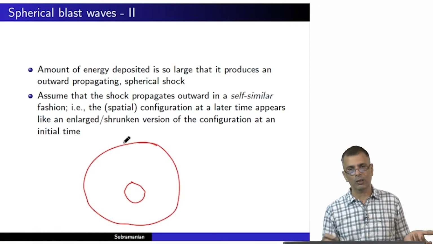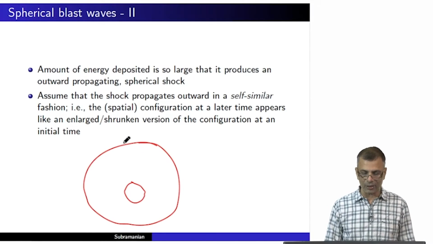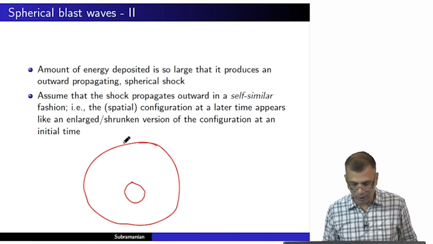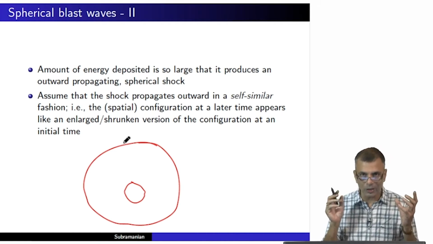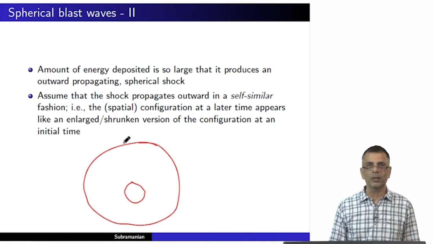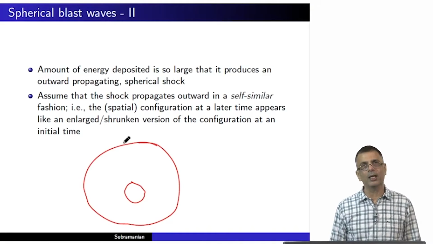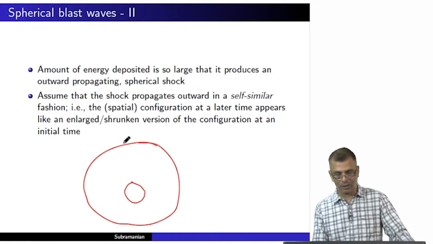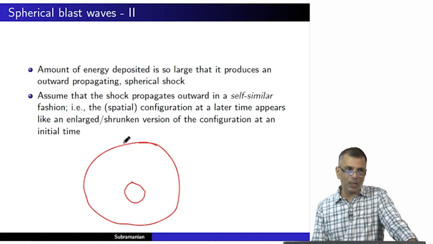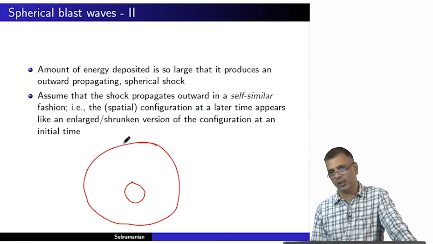Whatever this is, if we are sketching pressure contours or density contours and so on. Okay, so this is one of the central assumptions that we will adopt, and there are two reasons for adopting it. Number one, it leads to a drastic simplification in the mathematics.